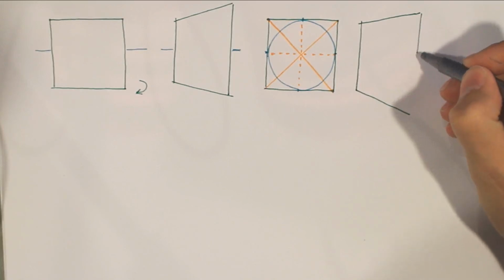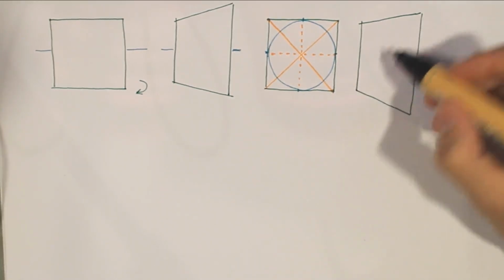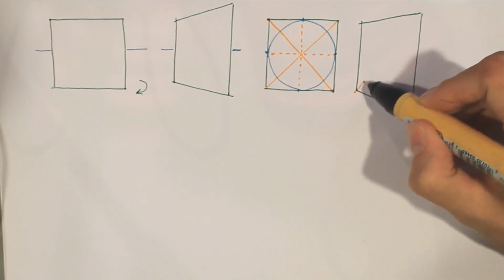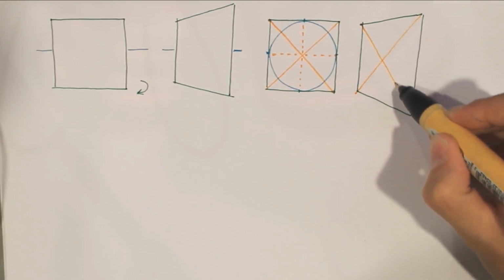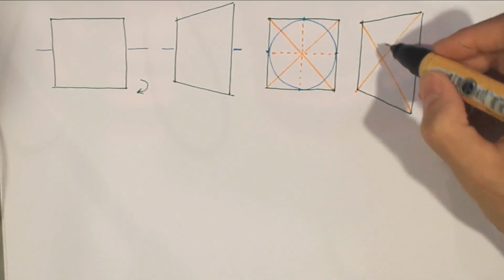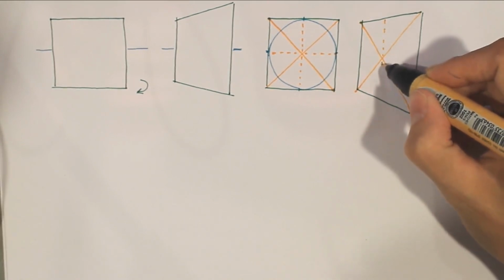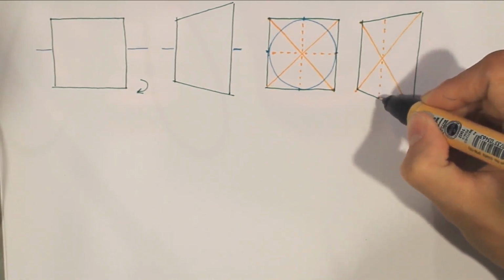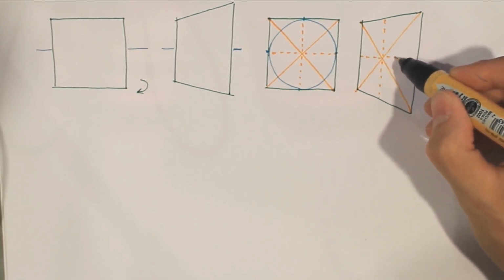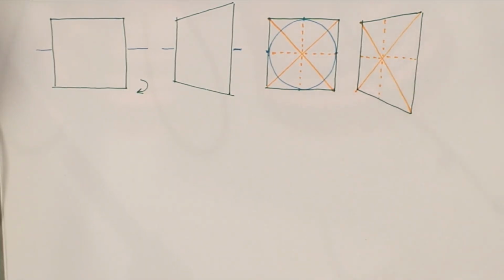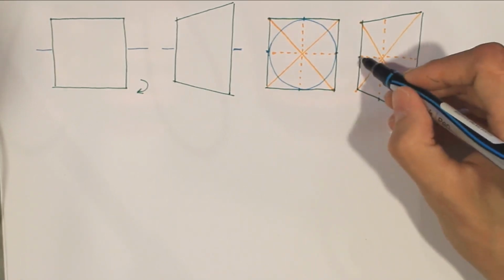We'll repeat the same corner to corner X. Create a vertical. And create the horizontal. And what this does is now find each of the center points on the edges, but in perspective.